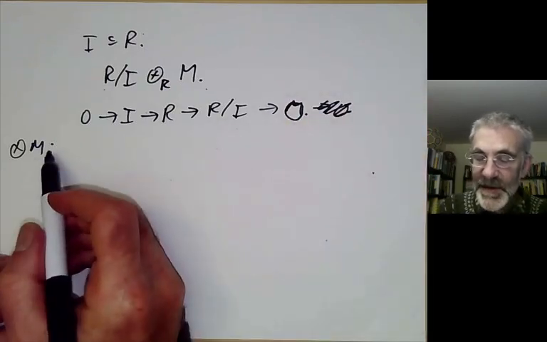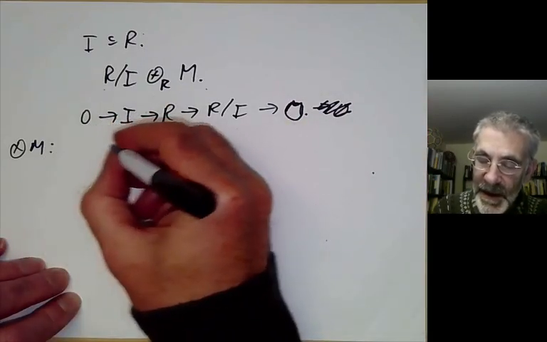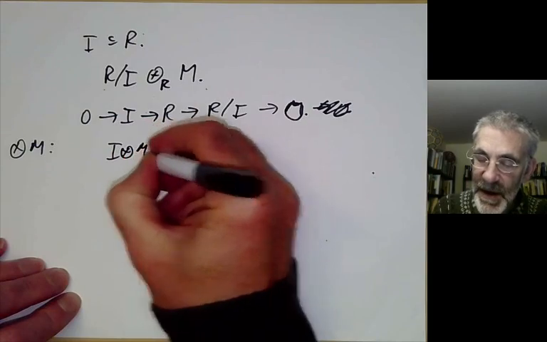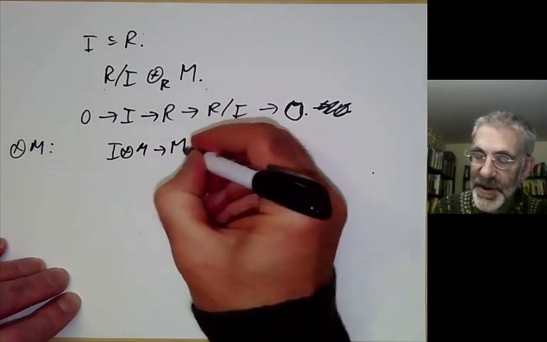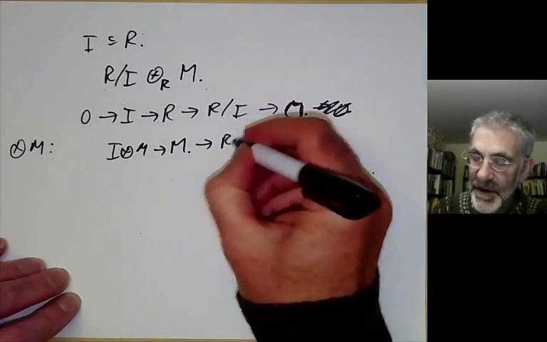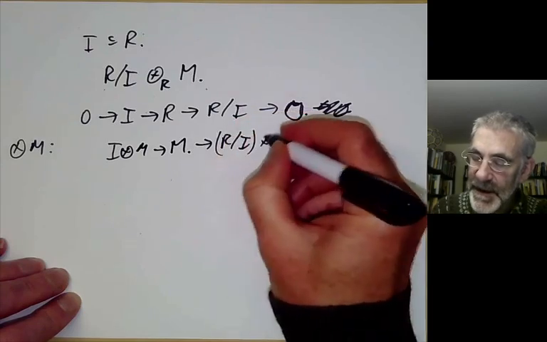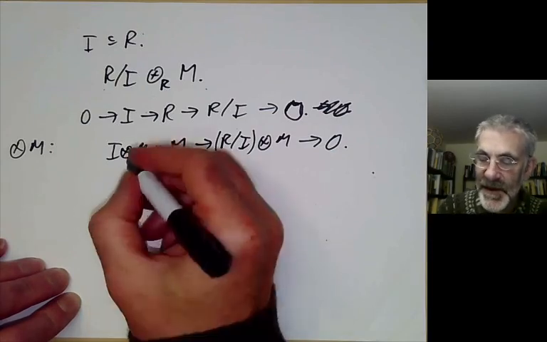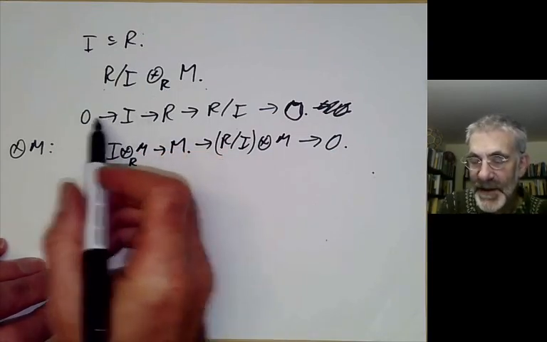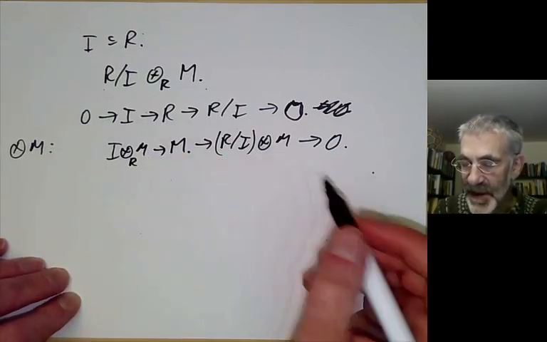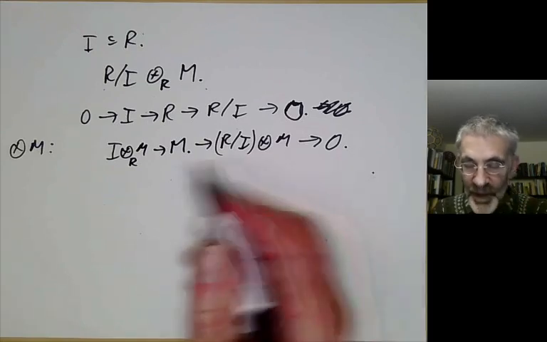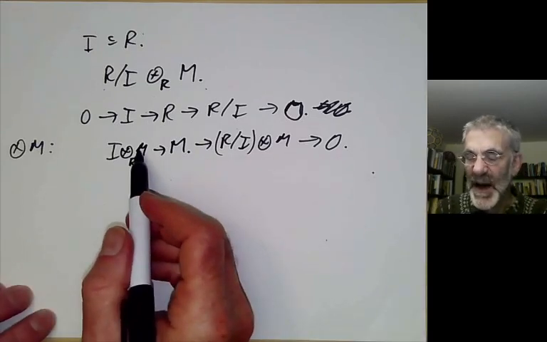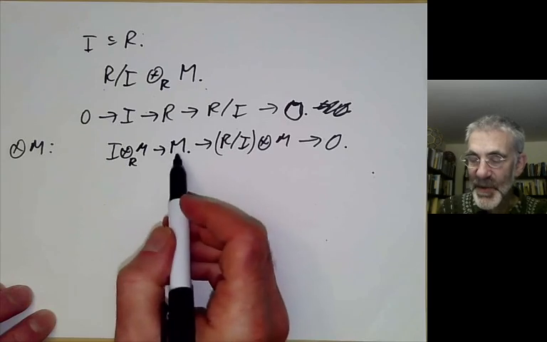And then we tensor this with M, and we get I tensor M maps to R tensor M, which is just M, and this maps to R over I tensor with M maps to 0. And notice this map here isn't necessarily injective because tensor products don't preserve injectivity. Well, it's not quite clear what I tensor M is, but its image in M is pretty clear.